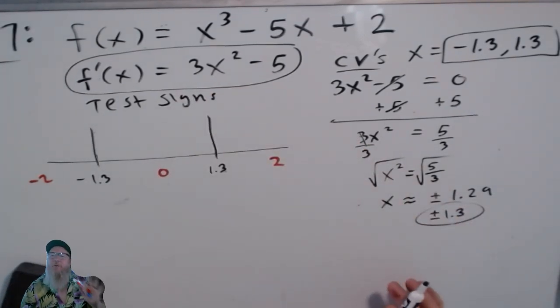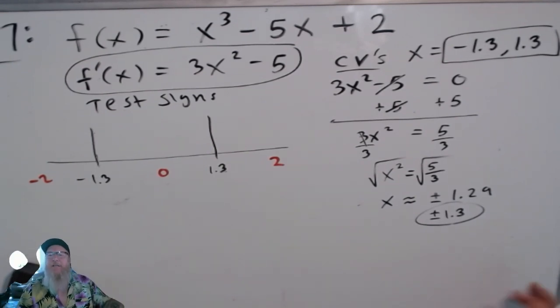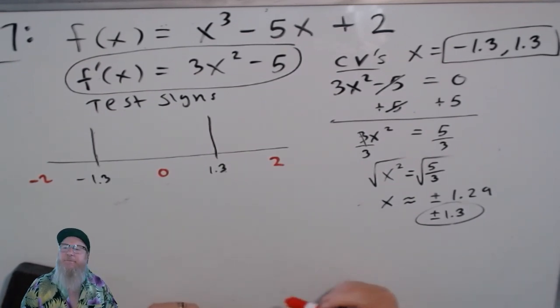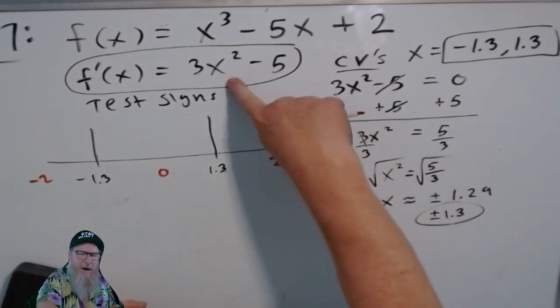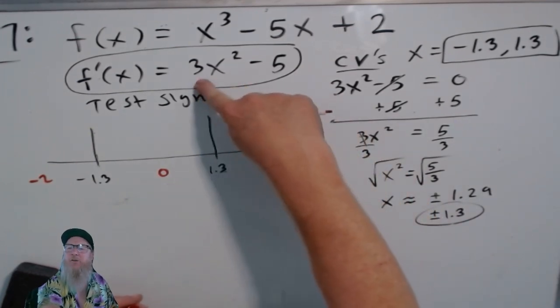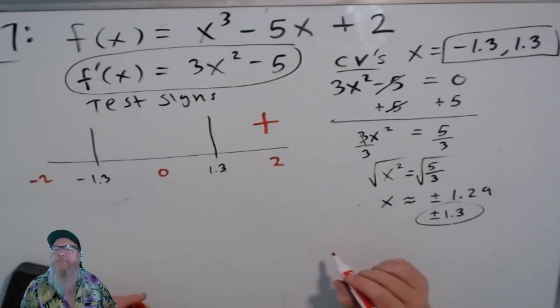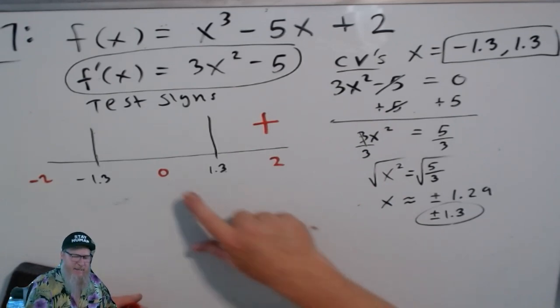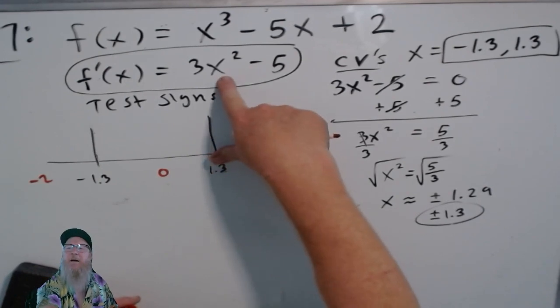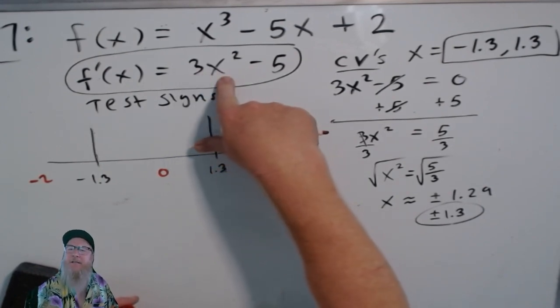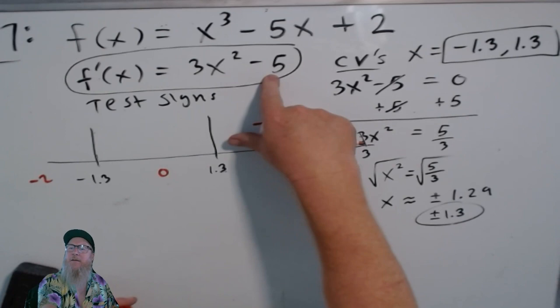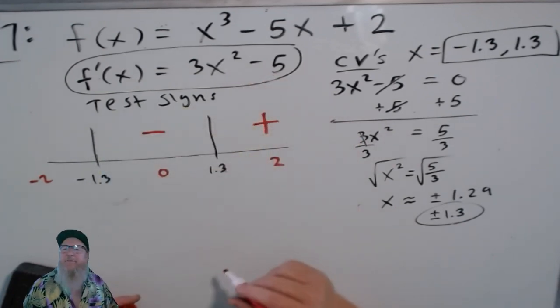Now remember, I don't really care what the answer is. I just care whether it's positive or negative. So 2 squared is 4. 4 times 3 is 12. 12 minus 5 is positive. 0 squared is 0. 3 times 0 is still 0. 0 minus 5 is negative.